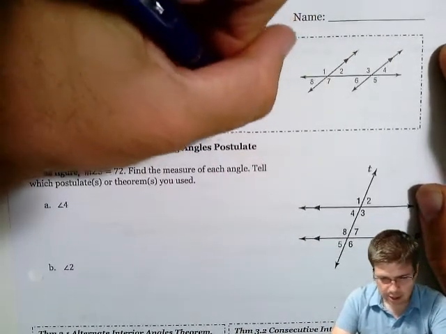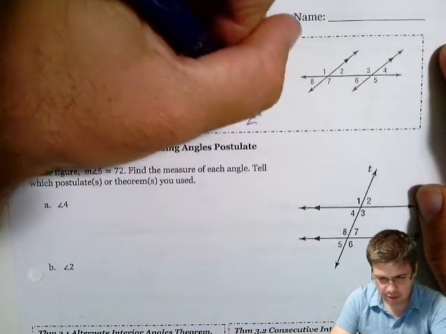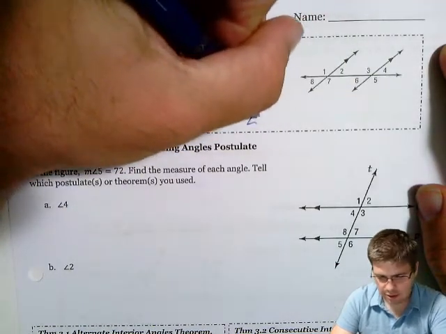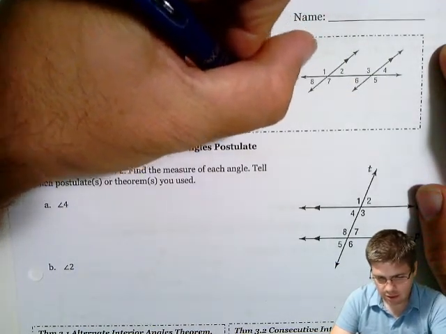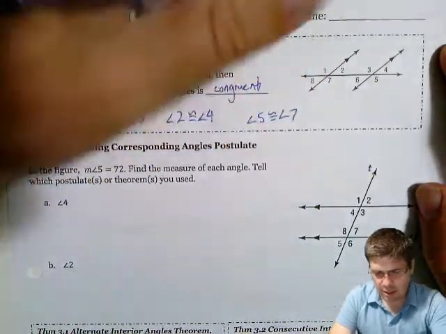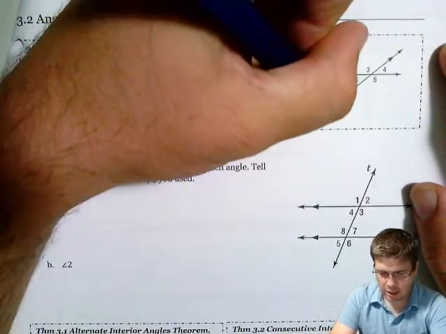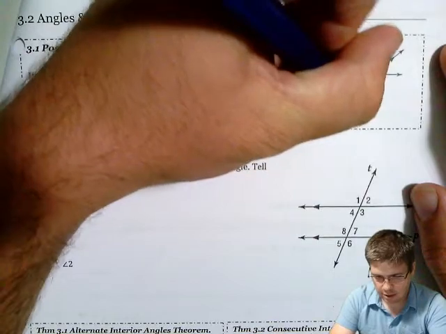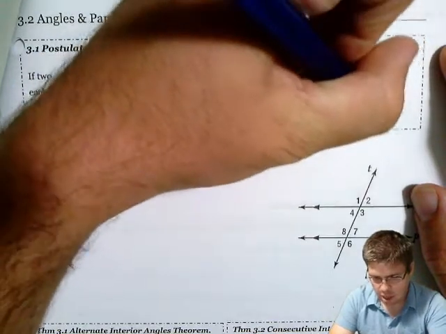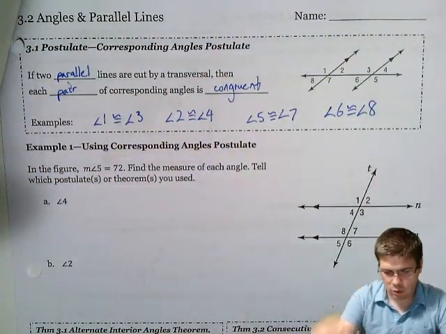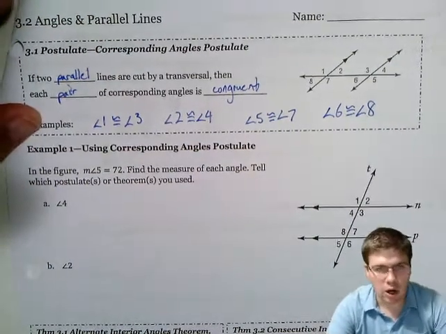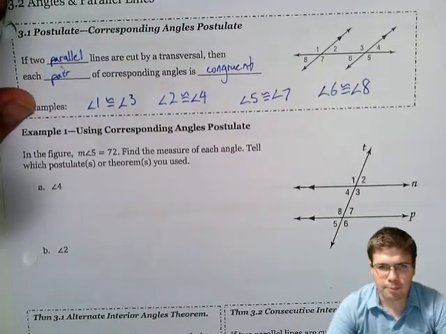And then angle 5 is congruent to angle 7. And 6 would be congruent to angle 8. So all of the pairs of corresponding angles are congruent within that.